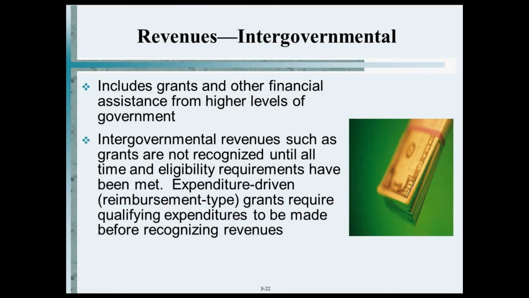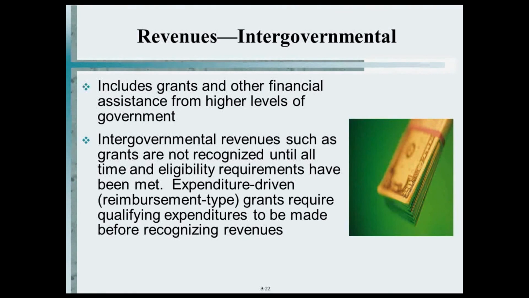So for instance, if the grant says you can only use it for this purpose, if the government sends you a check for $200,000 and says you can only use it for this purpose, can you book it as a revenue? No. Only after you've used it for that purpose.